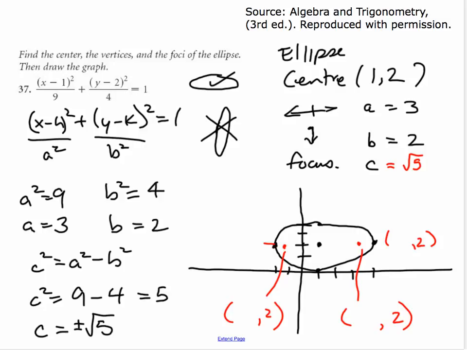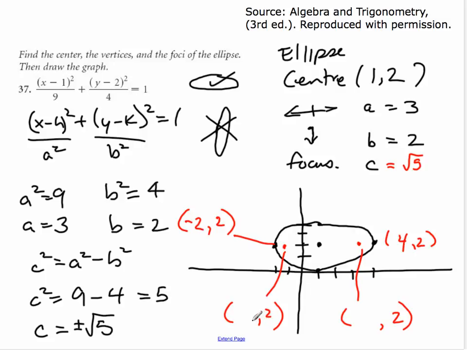And this end point, or vertex, of the ellipse would have to be something and 2. We just have to figure out what the x values are because they're all in a straight line. If this one's at 1 and a was 3, I had to go 3 over, 1, 2, 3. So that number there would be 4. Now if this is 1 and I had to go back 3, that's 0, -1, -2. So this would be -2.